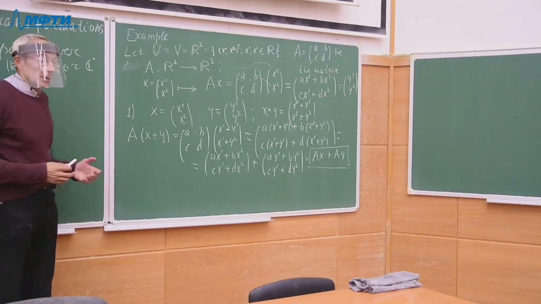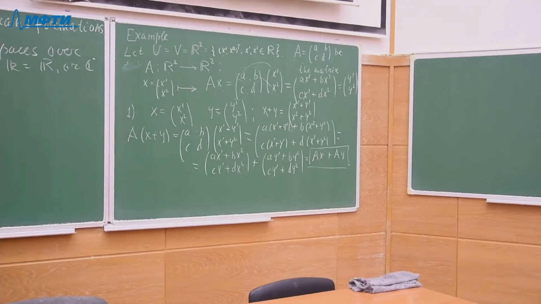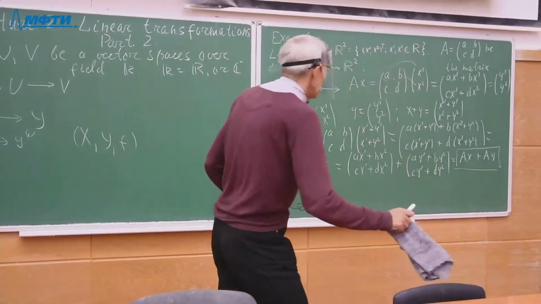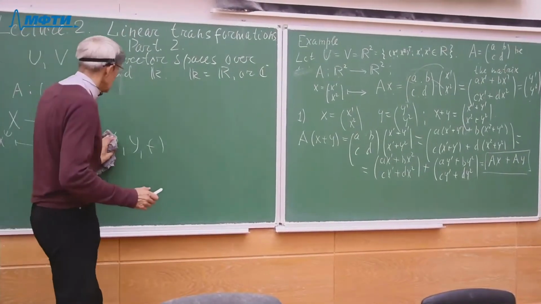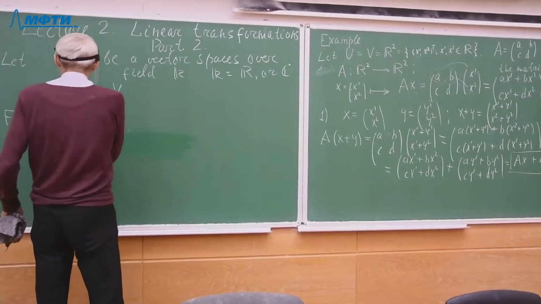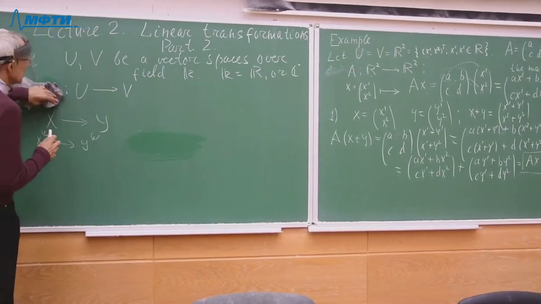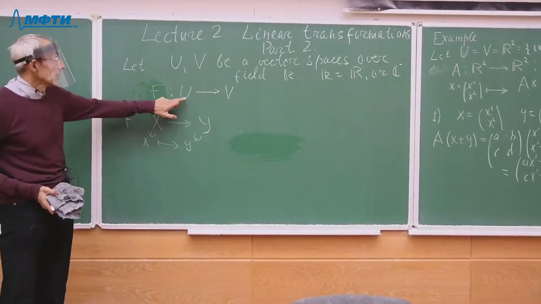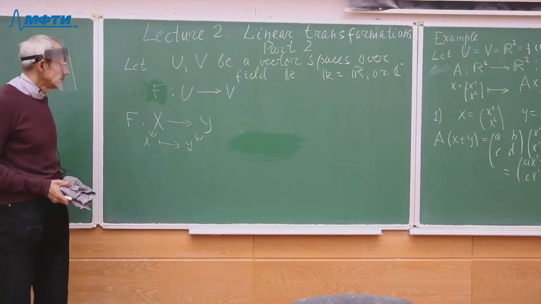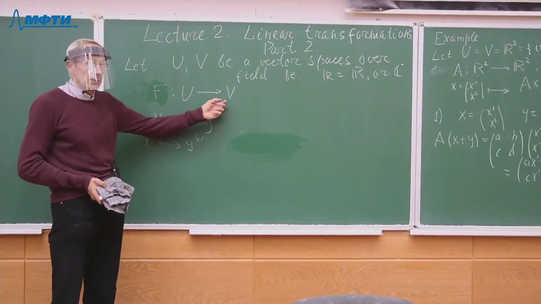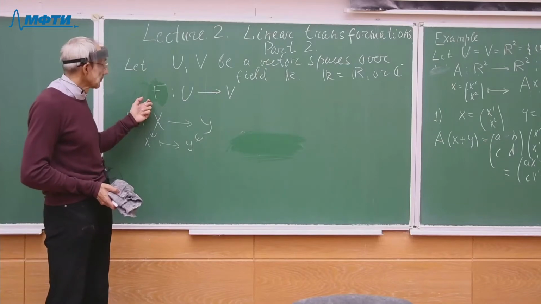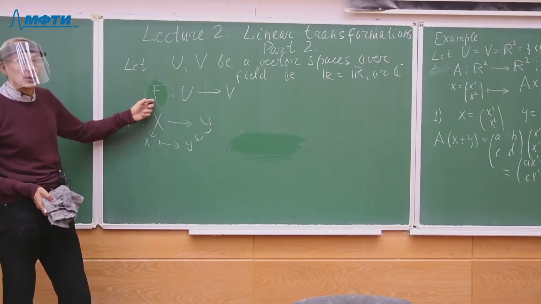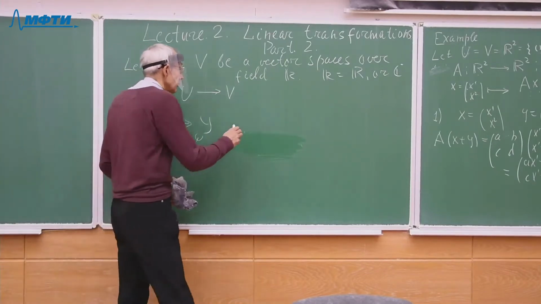In this case, I have the following property of linearity, the so-called linearity of these mappings. What does linearity mean? If I have an arbitrary mapping, linearity means that we have the following equality. Let f be some mapping from vector space U into another vector space V, and we shall say that f has the property of linearity if we have the following equality.